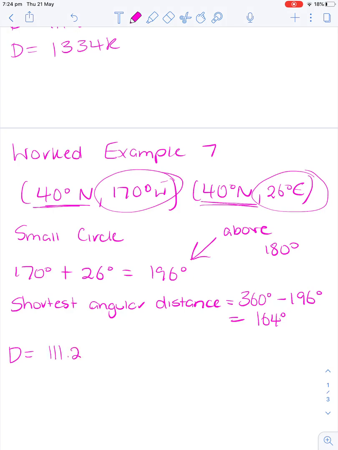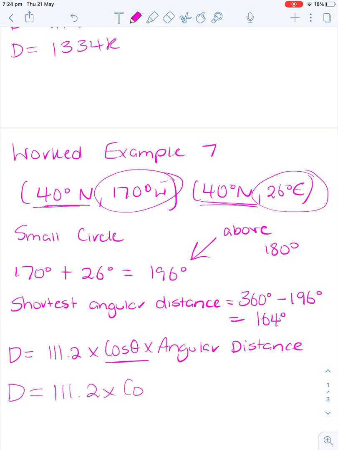So we're going to use our angular distance formula, but because it's a small circle, the formula is a little bit different. So this is the formula we use for a small circle. Okay, the only difference between this formula is we've got cos. All right, so it's going to be 111.2 times cos.